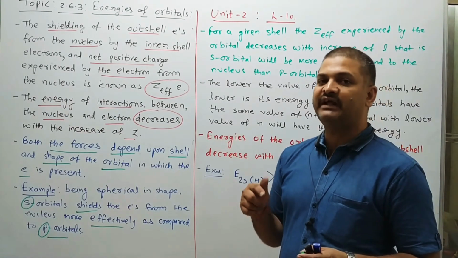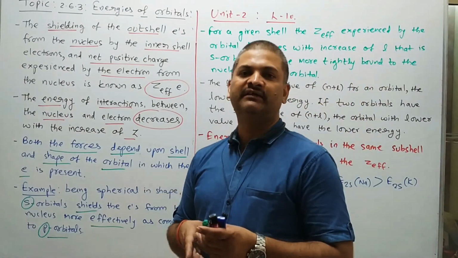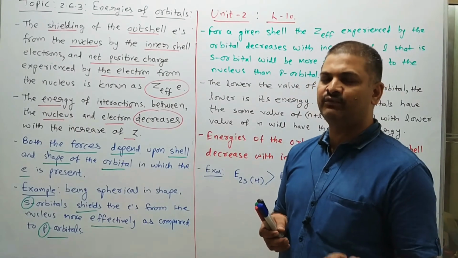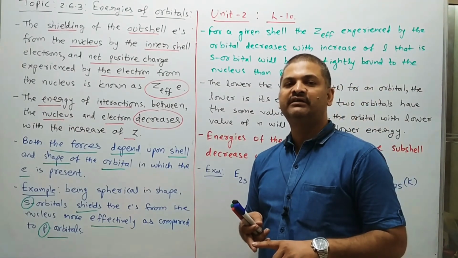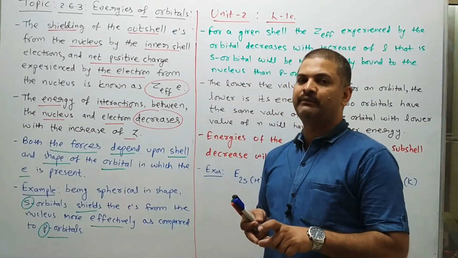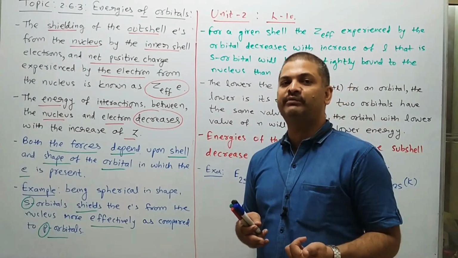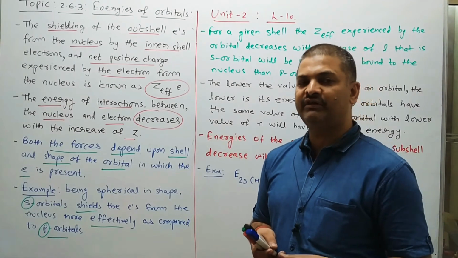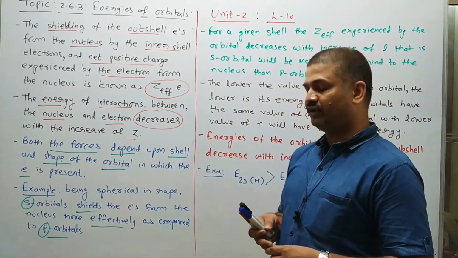मतलब shielding of s and p, यदि मैं कंपेयर करूं, then shielding of s will be more effective as compared to the p orbital. अब यदि मैं p और d को कंपेयर करूं, तो shielding of electron with respect to the p orbital will be more as compared to the d orbital.